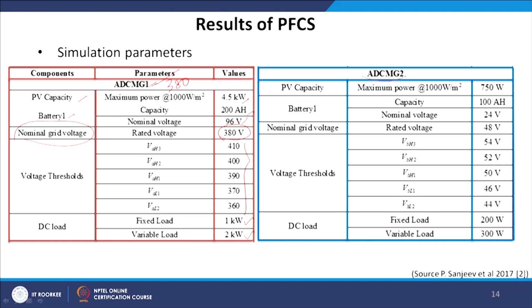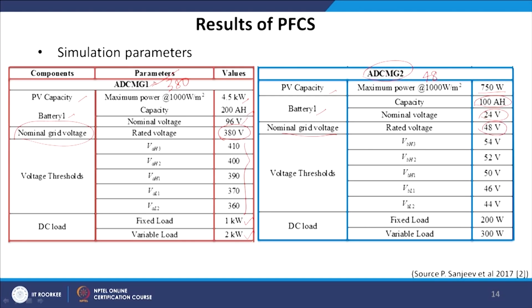Now, moving to autonomous DC microgrid 2, the PV capacity is 750 watt, the battery is of 100 ampere hour operating at a nominal voltage of 24 volts, and the rated nominal grid voltage is assumed to be 48 volts.